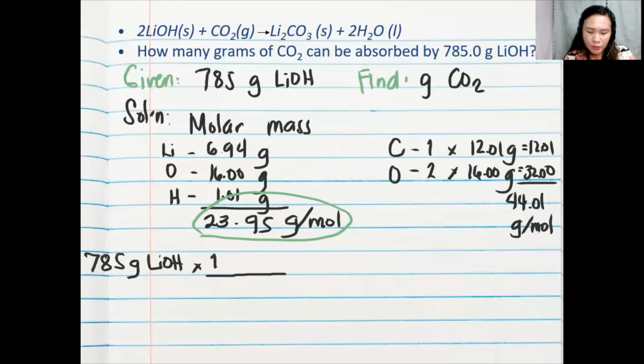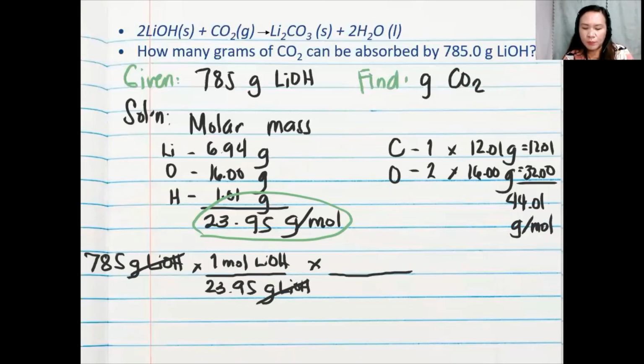So we have 1 mole of LiOH per 23.95 grams of LiOH. Okay, so this and this is going to cancel. Next we get their mole ratio. And so we put moles of LiOH below so that we can cancel it above, and the moles of carbon dioxide above.